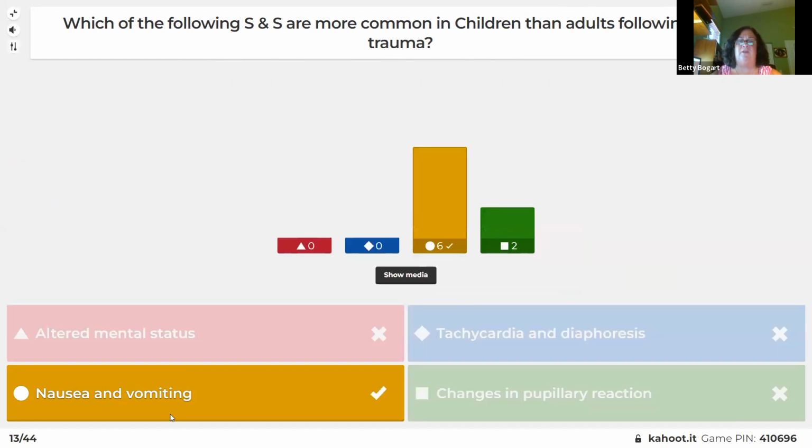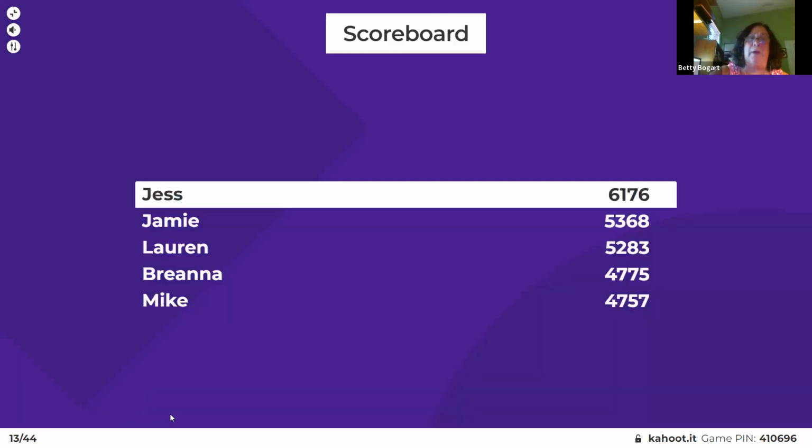He fell out of bed at 3 o'clock in the morning and went headfirst on a tile floor, and he had one of those bumps. Now, what do you see in children more than adults? And that's the nausea, vomiting. Adults, even when they've been hit really hard in the head, they've got a massive headache, but you don't see them vomiting. Children, you bop them on the head and they tend to start vomiting quicker than adults do, if the adult does.